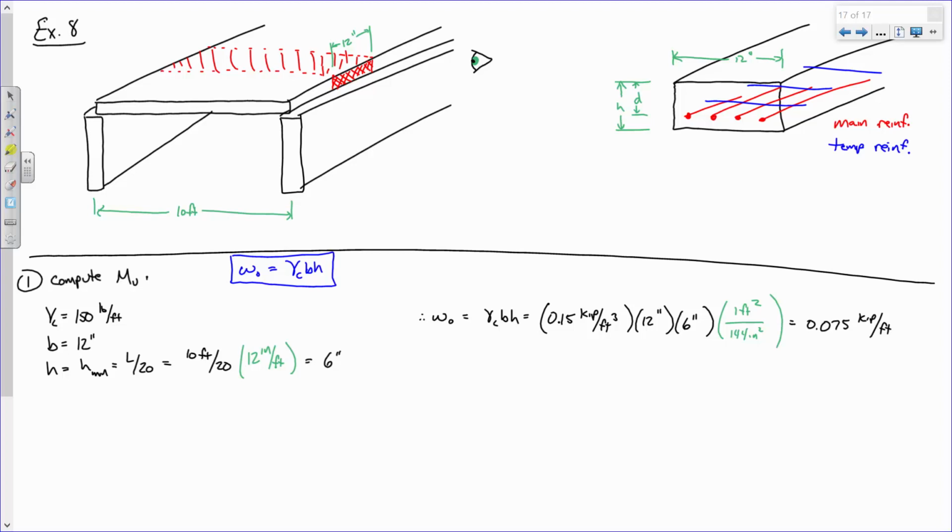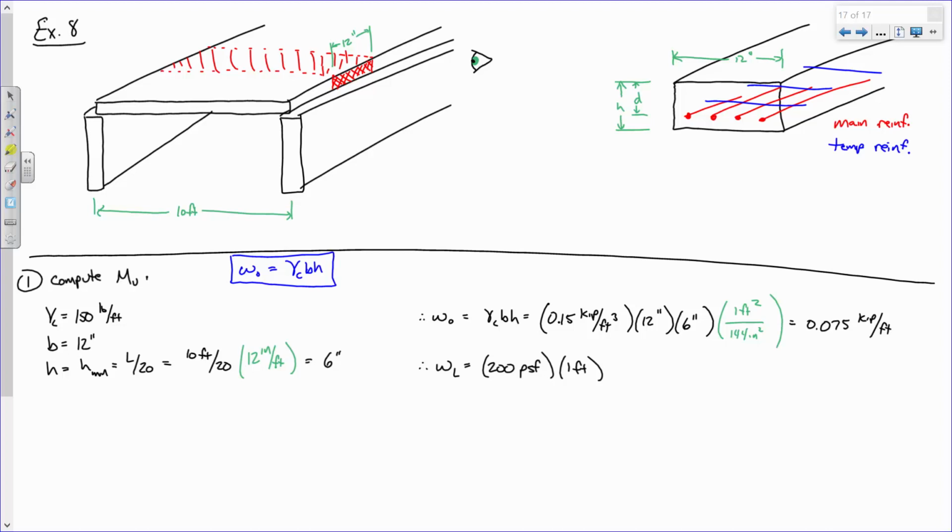So I propose that the pressure load, or the live load, is going to be 200 pounds per square foot times a width of 1 foot. Does that make sense?